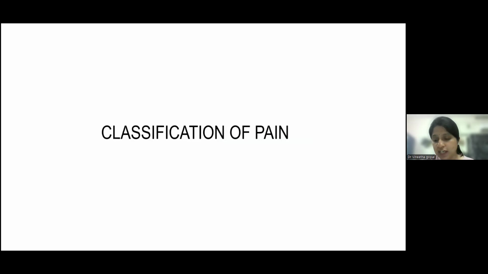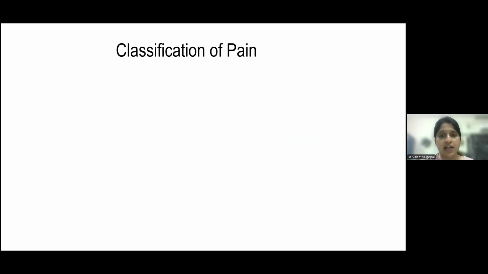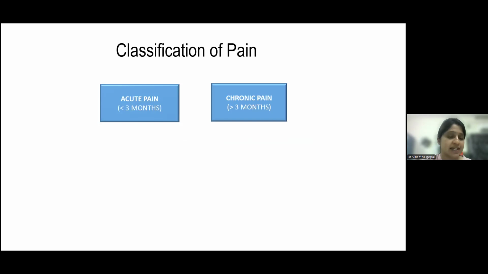Coming to the classification of pain, I think there is another session coming on the classification of pain. So just as an overview, one is acute pain and chronic pain, less than 3 months and more than 3 months. In the cancer population, it can be acute or chronic.